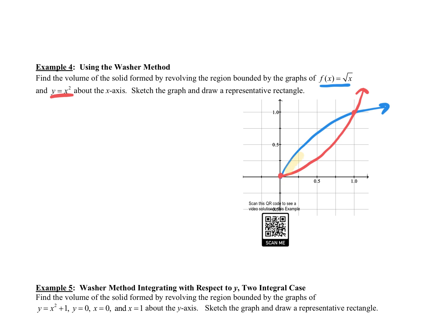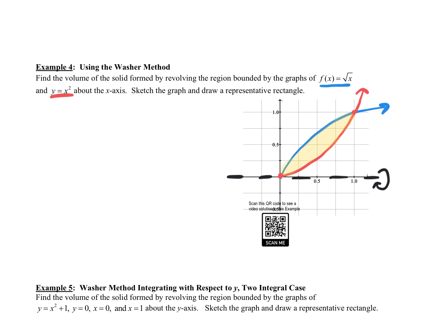The region that is bounded between those two curves, we are going to rotate about the x-axis. So I'm going to draw a dashed line here, and then rotate about the x-axis.